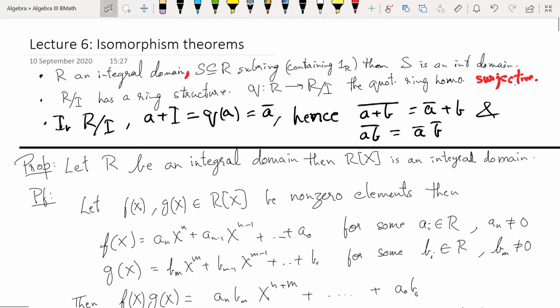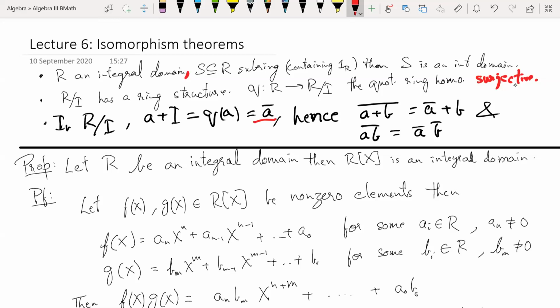In R mod I, the images under the quotient map, or the elements of R mod I, one can denote by a plus I, or by q of a, where q is the quotient map, or a bar. This last one is going to be the most used because it's the most compact notation.